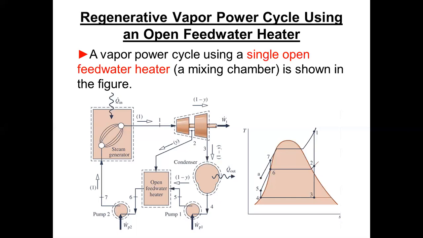So, we get a little bit reduced power out, but we get to boost the feed water temperature significantly. We might pick up 40, 50, 60 degrees in temperature going through the open feed water heater, and that improves the cycle efficiency significantly. Okay, so that's why we do it.